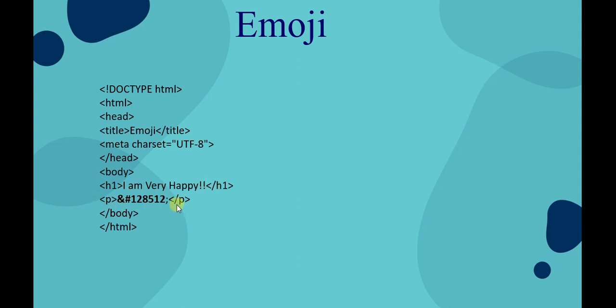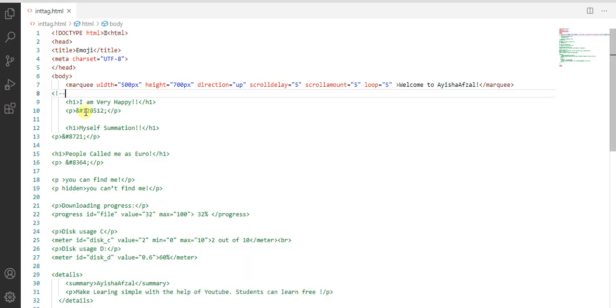Then inside a paragraph tag I insert some code, and this code represents the emoji. You can insert this emoji inside a heading tag, paragraph tag, or any other tag, whichever you want. Each and every emoji has some coding. You can find it in Google, insert this code and get your emoji. Let's see how it works.